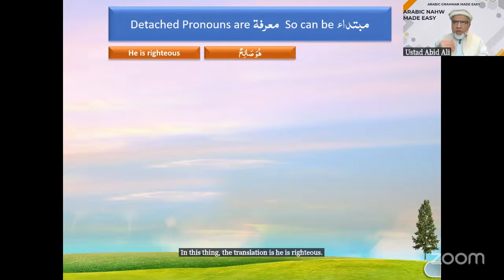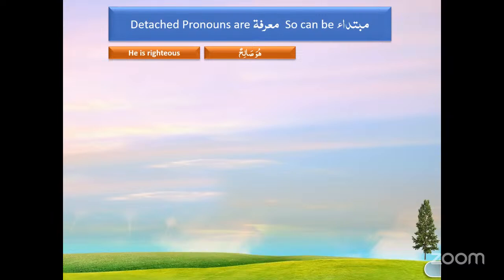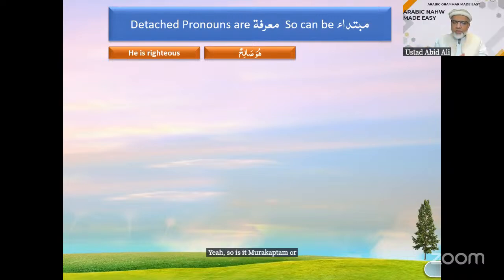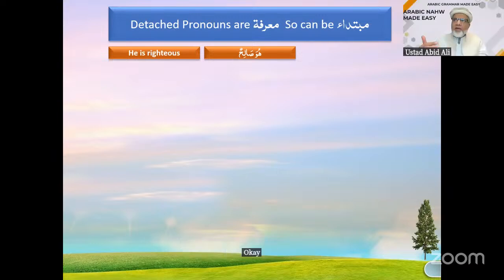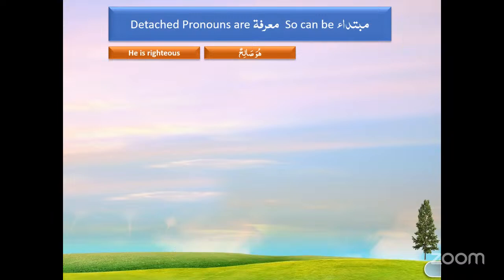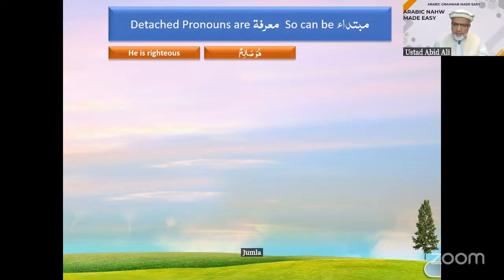So is this murakkab tam or murakkab naqis? It's a full sentence, murakkab tam. So what is another name for murakkab tam? A complete sentence, a jumla.